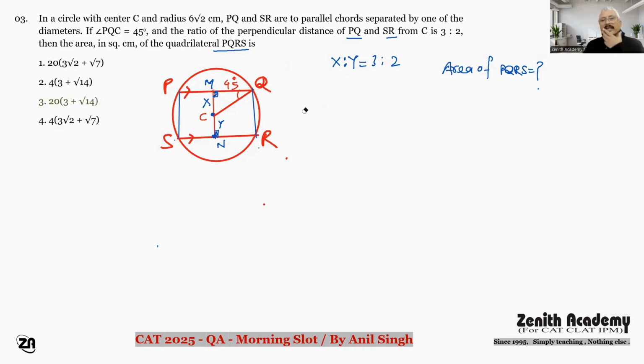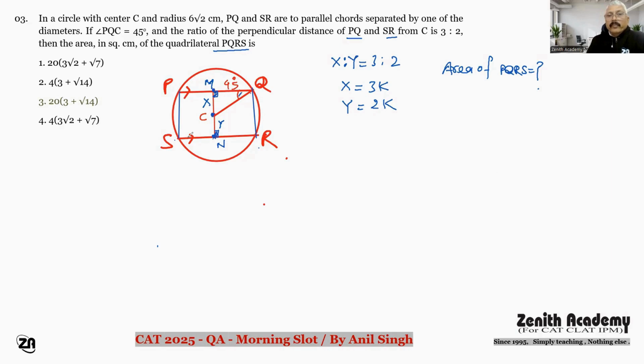See, I want to take x is equal to 3k simply, and this y is equal to 2k. So x is 3k and y is 2k. Now take this triangle MCQ.